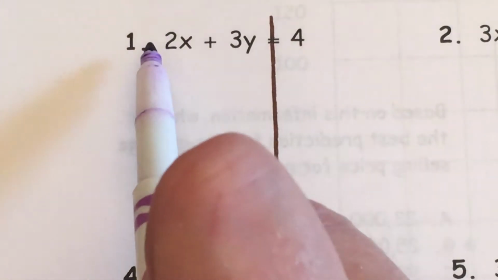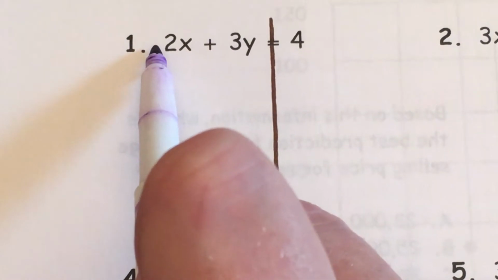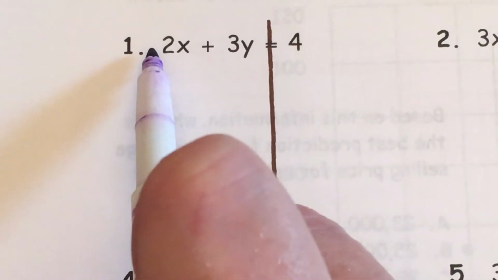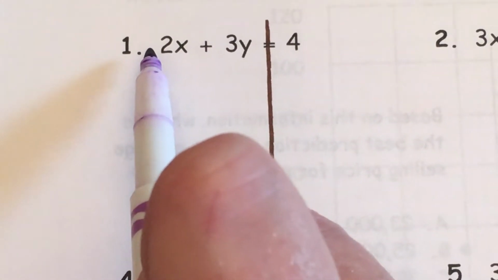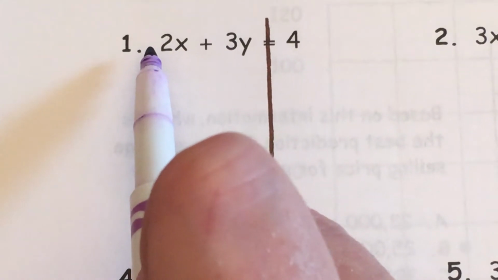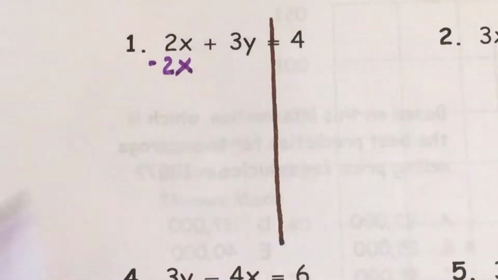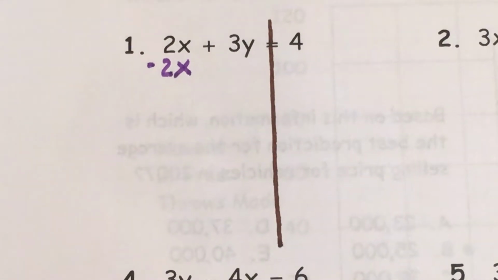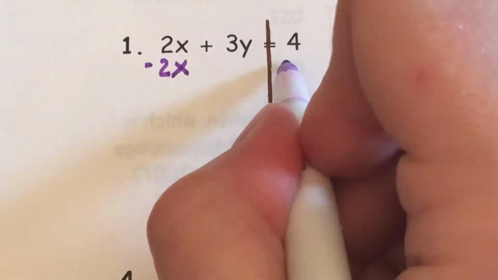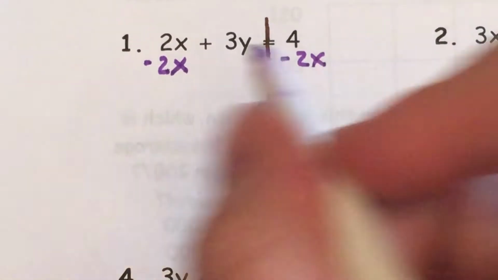So if there's nothing right here, that means it is positive. And we said a moment ago, do the opposite to get rid of a term. So the opposite of a positive is a negative. Let's subtract 2x. And what you do on one side of the river, you do to the other.